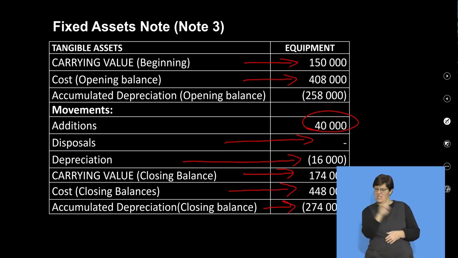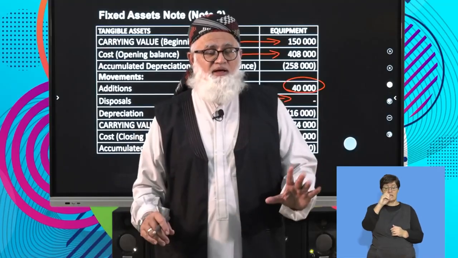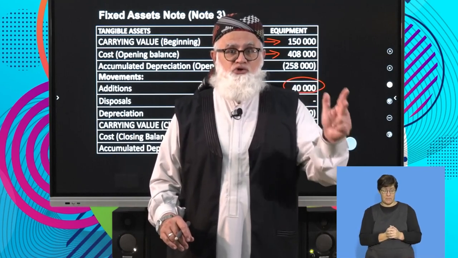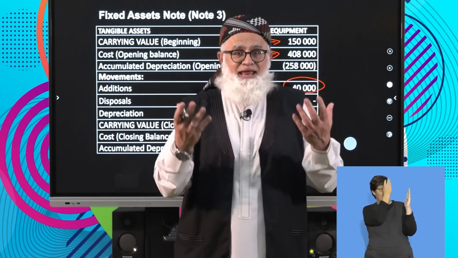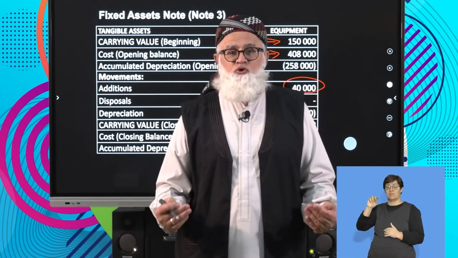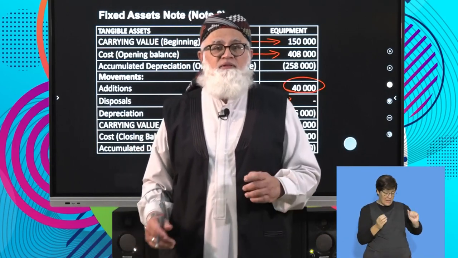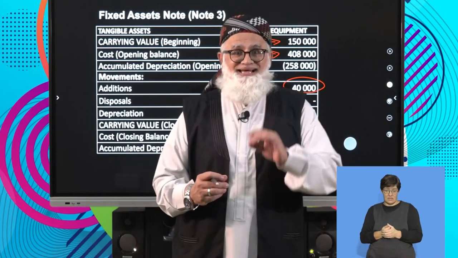So what have you seen? You've seen how we've done the calculations for depreciation. Remember, sold, old, and new. Then show all your calculations and bring in that information in note number 3. Please check in note number 3 whether the balance that you are given is your opening balance or your closing balance.